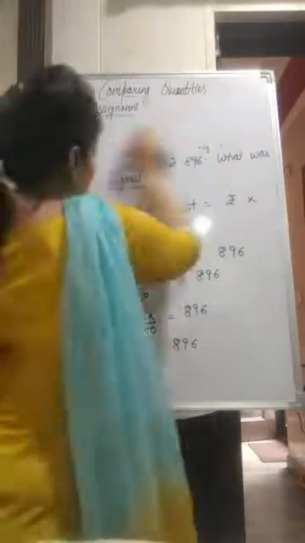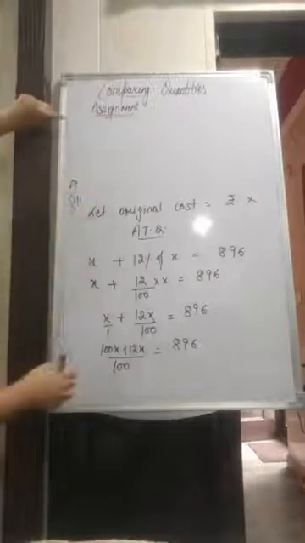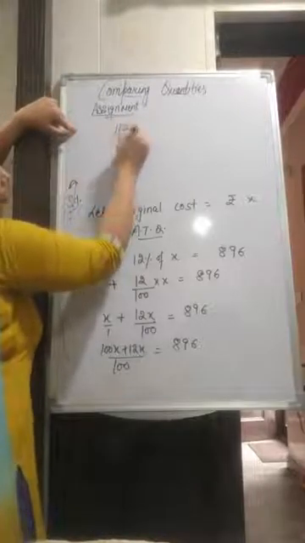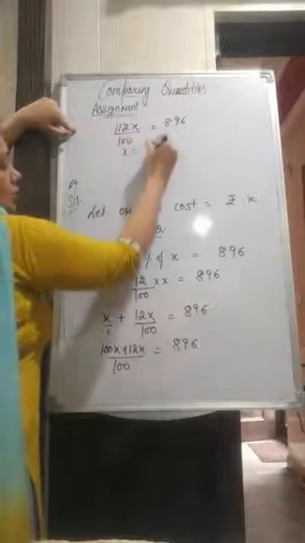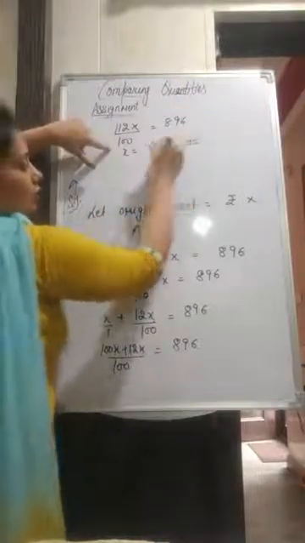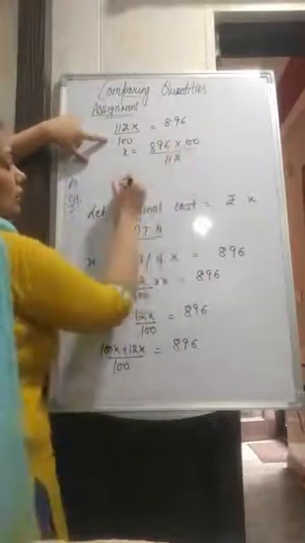I will be sending you the assignment in which there will be all the questions, right? So now we will do the calculation here. 100x plus 12x is 112x over 100 is equal to 896. So x is 896, this 100 will go in the numerator on the right hand side and 112 will come in the denominator.